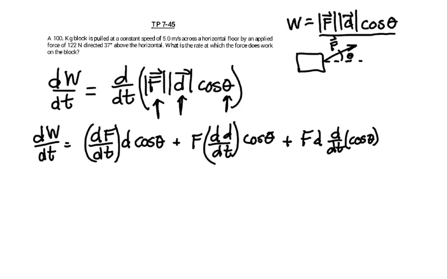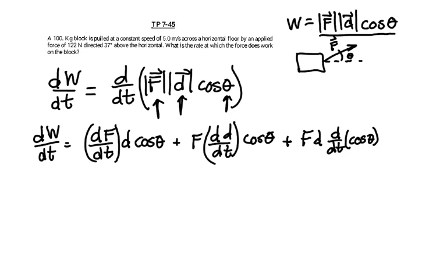Our displacement variable remains variable. We take the derivative of that and keep our angle constant. And then for the last one, our force and displacement variables are constant, and we take the first time derivative of our angle with respect to time, but since it's inside of our cosine function, we take the first time derivative of the whole thing.